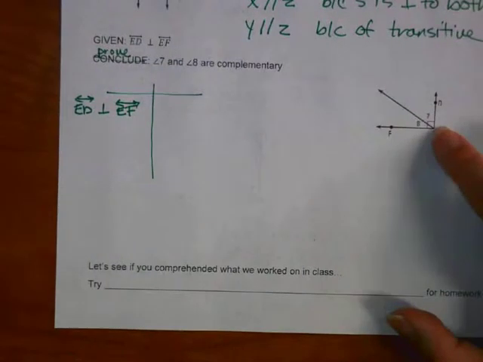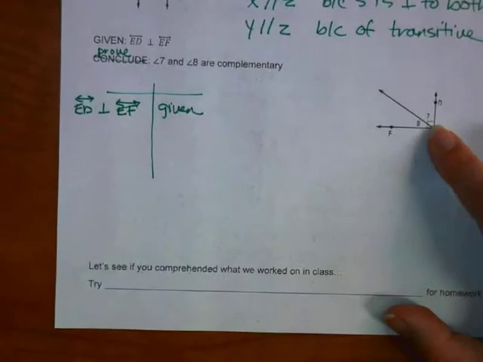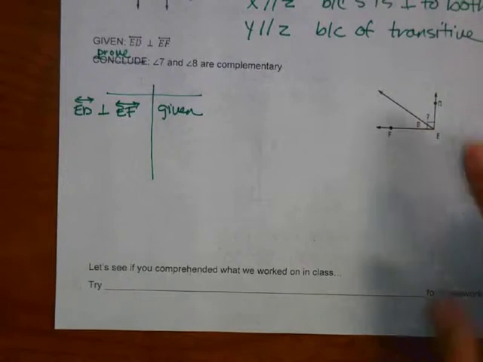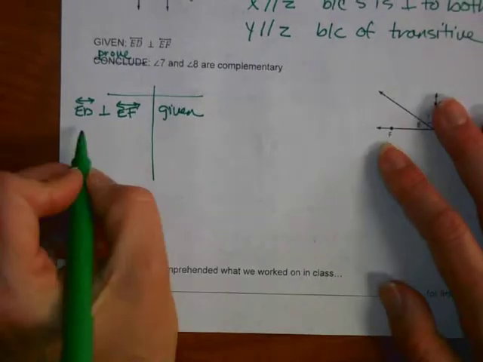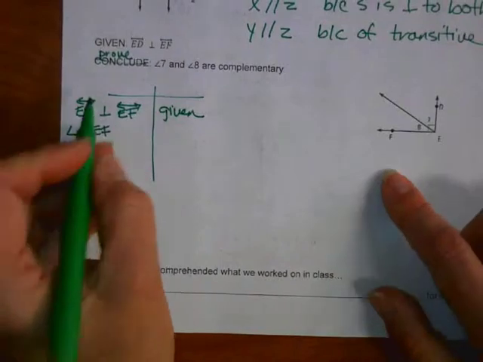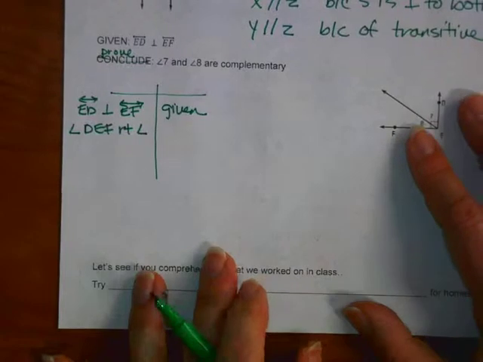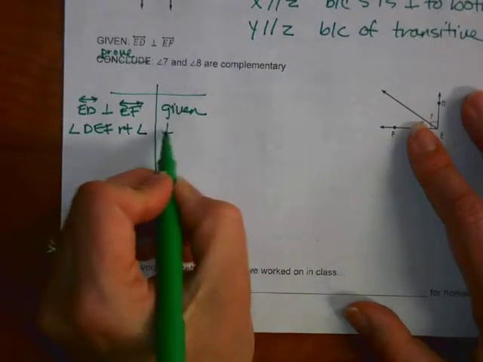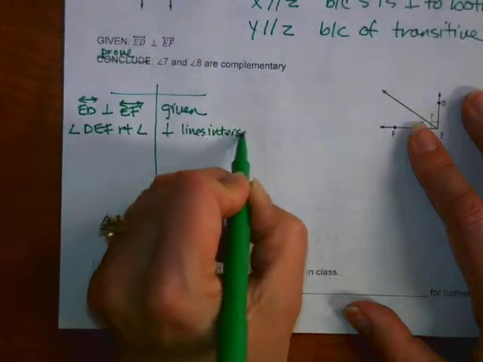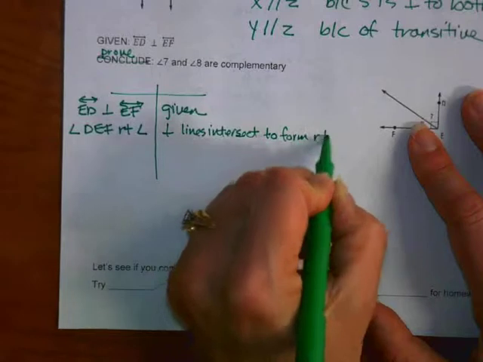If that's true, what can we say about this angle? It's a right angle, or it's 90 degrees. So angle DEF is a right angle, because perpendicular lines intersect to form right angles.